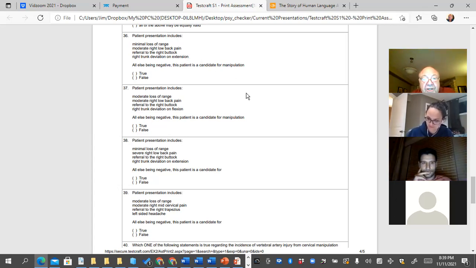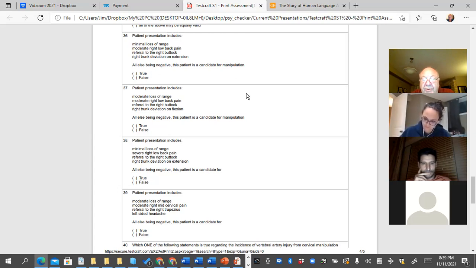37, moderate loss of range, moderate right low back pain, referral to the right buttock, right trunk deviation on flexion. Candidate for manipulation? Yes. The only difference there is trunk deviation on flexion rather than extension.